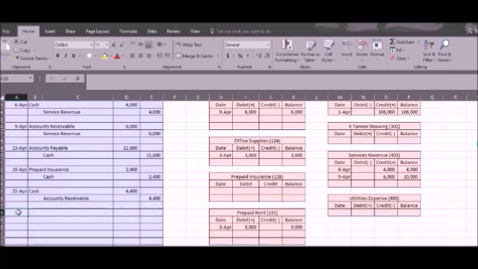25th, company completed work for another client for $2,890 on credit. So this is the 25th. We completed work for another client on credit, so that means that we've done work, we just haven't gotten paid for it yet, so it's accounts receivable, $2,890.